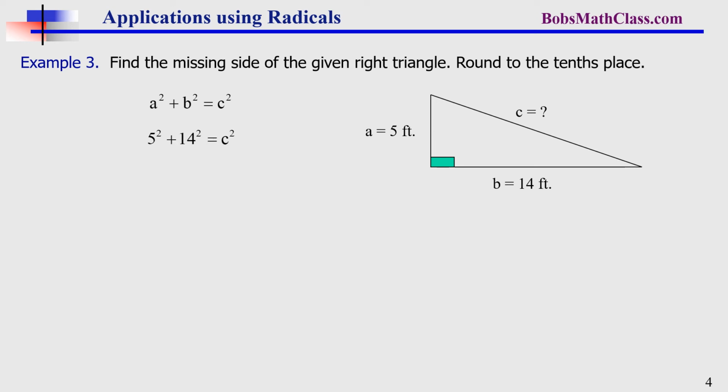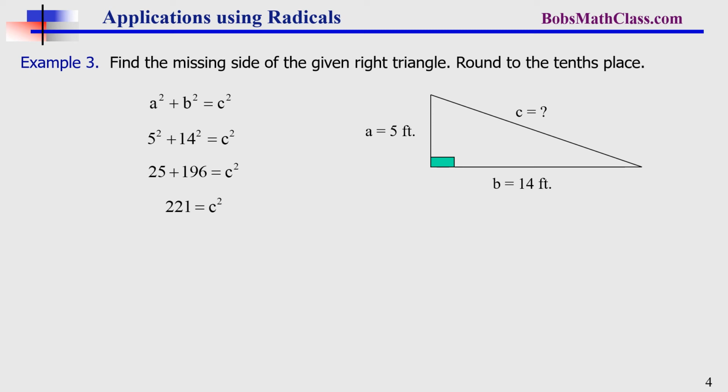So 5 squared plus 14 squared equals c squared. Okay, now work out each one. Put in 5 squared in your calculator and then 14 squared in your calculator. Add those two numbers up together. 25 plus 196.